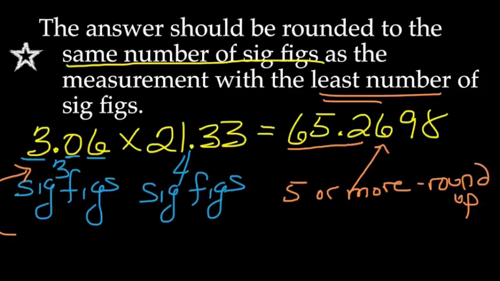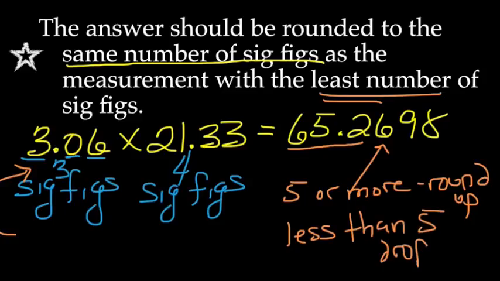If the number is less than 5, you drop. In this case, the number we're planning on dropping is a 6, which is 5 or more. So our final answer, including appropriate sig figs, is 65.3.